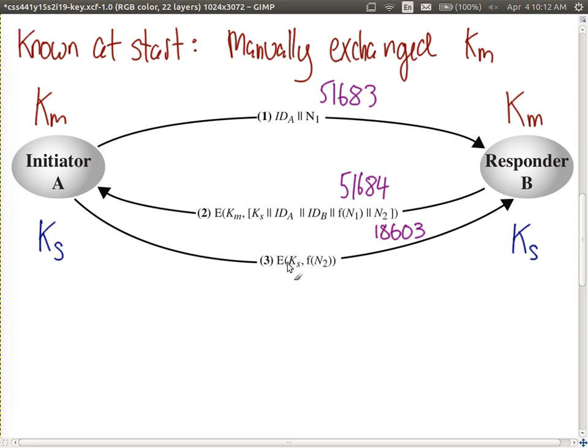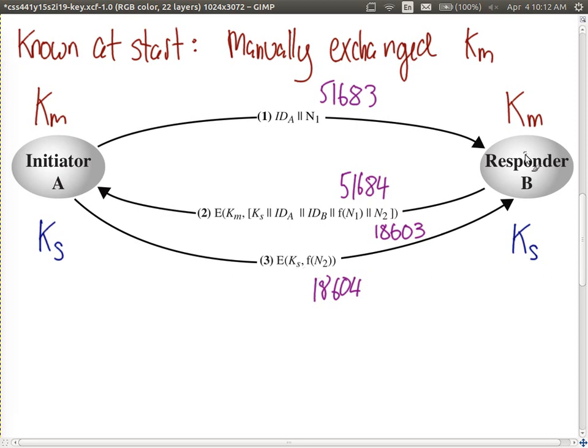What is the third message? It's a function of n2, let's say n2 plus 1. We received n2 as 18603. We send back 18604, and we encrypt it with a session key.